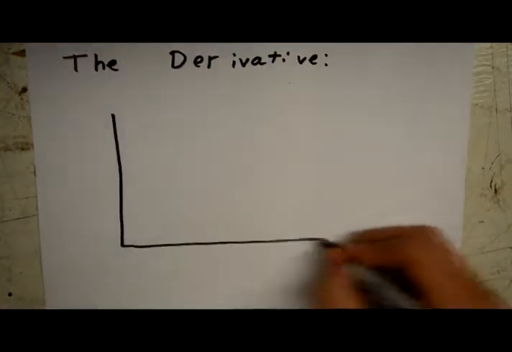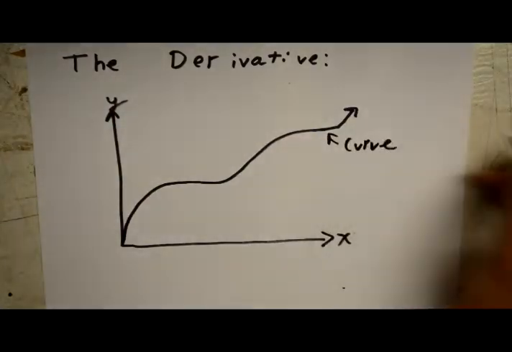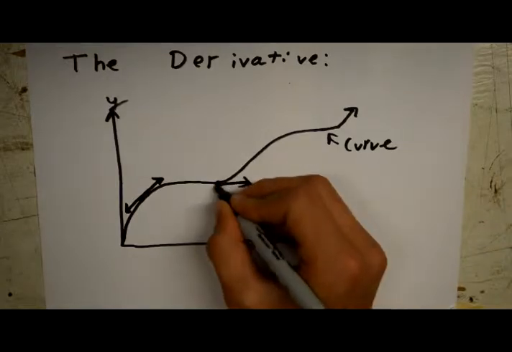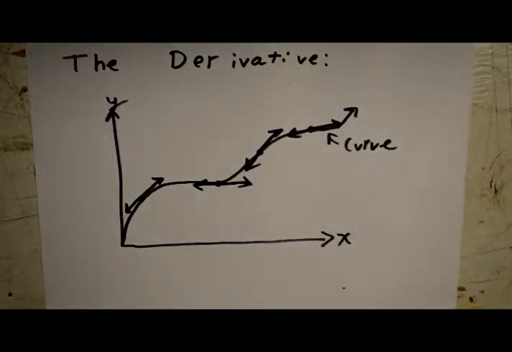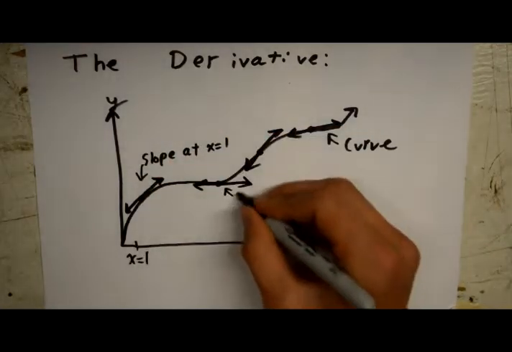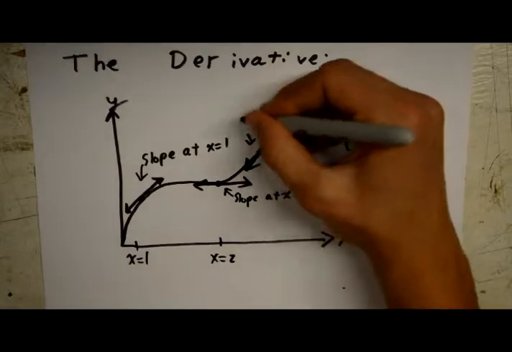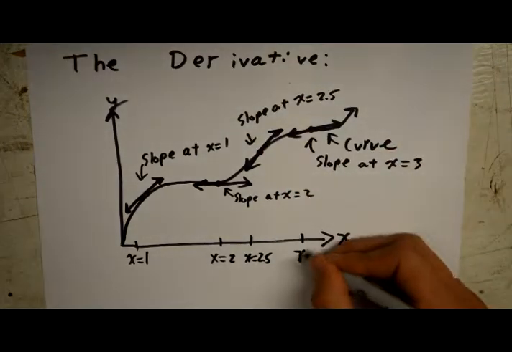Pretty much what that means is that on any graph that has a curve, you're able to find a slope at any given point of x. This is really related to the equation y2 minus y1 over x2 minus x1, the standard slope equation. This is a way to find that slope at any given point of x without having 2 points.